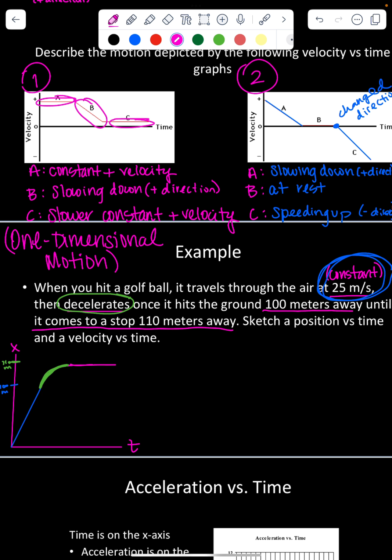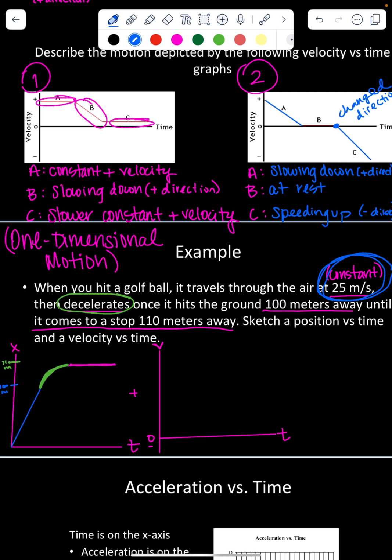And we know that an object at rest is just a straight horizontal line. All right, so we have those 3 different segments. So we're going to turn those 3 segments into a velocity versus time graph. I only need the top portion of this because it does not ever change direction and go in the negative. All right, but I always do like to put a little bit of that negative in there.